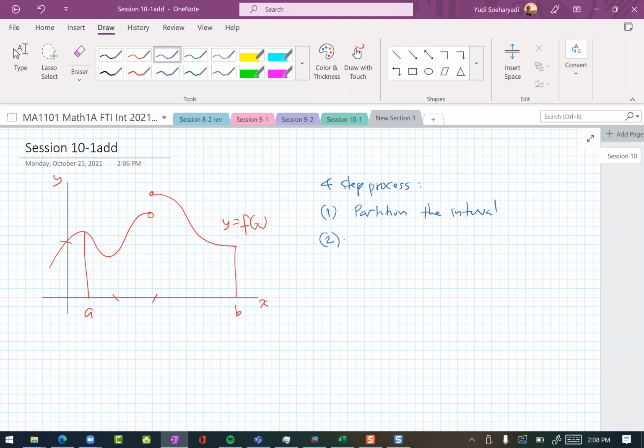Two, you take a sample: pick a sample rectangle, because it's a rectangle, and calculate its area.